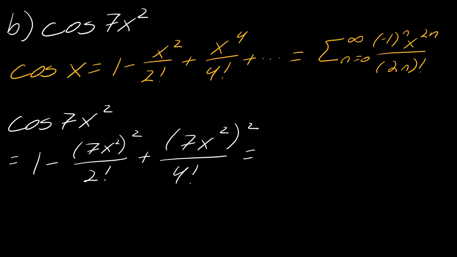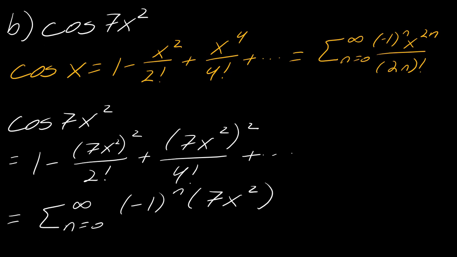This will turn into, let's see, maybe I'll write a plus dot, dot, dot. So this is really going to equal negative 1 to the n, 7x squared to the 2n over 2n factorial.